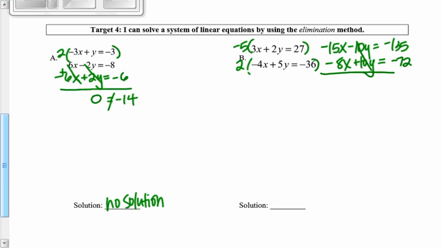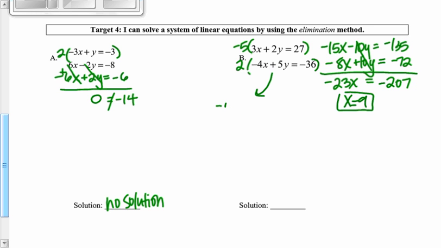So the 10s cancel out, and that would be negative 23x equals negative 207. If I divide both sides by negative 23, I get x equals 9. I'm going to plug that back into the bottom equation.